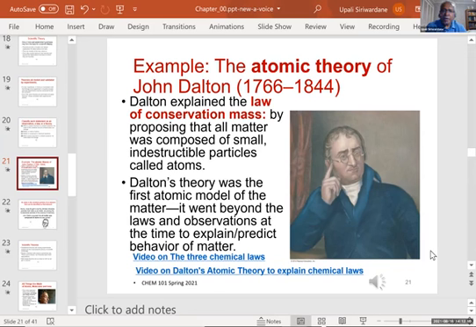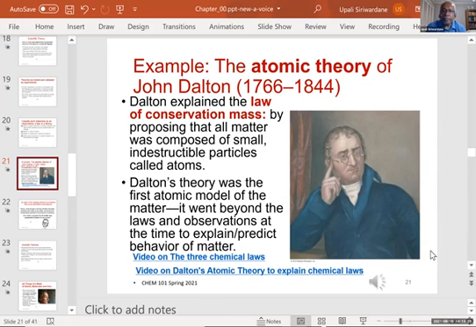John Dalton, after Lavoisier made his law of conservation of mass in chemical reactions, came up with a theory to explain the chemical laws. There were three chemical laws. Two more chemical laws came after Lavoisier. One, Lavoisier's: mass is conserved.